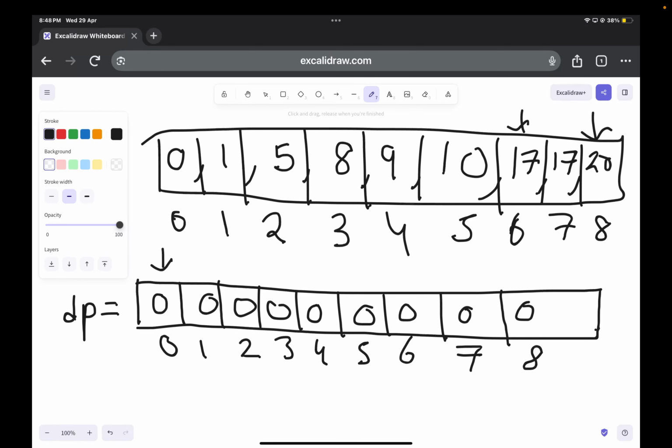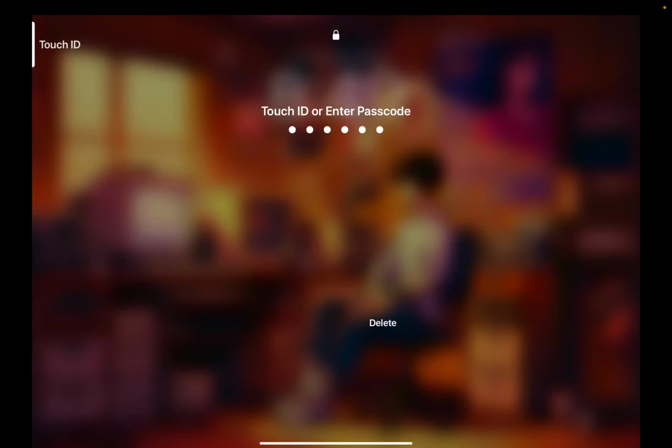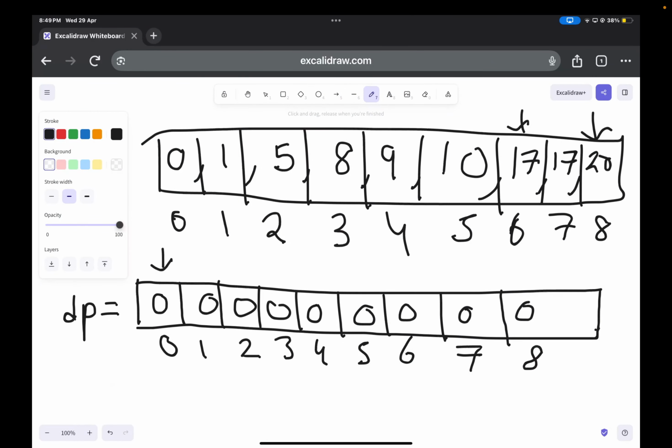You are confusing ways and amount. If you are giving 0 length to someone, how much amount will you get? Zero. So for 0 length, it is 0 amount.